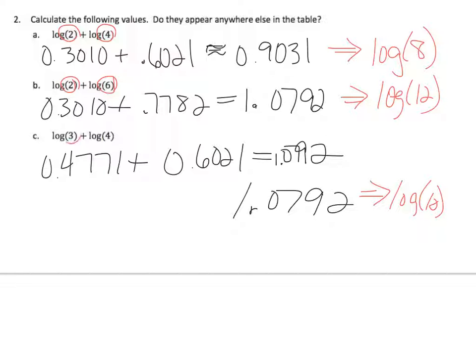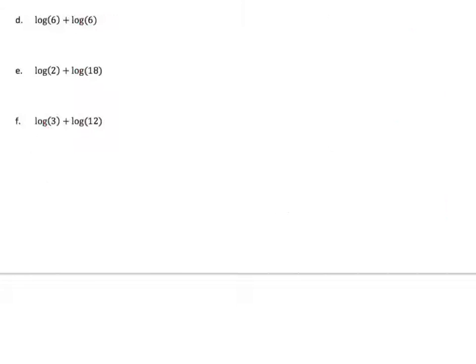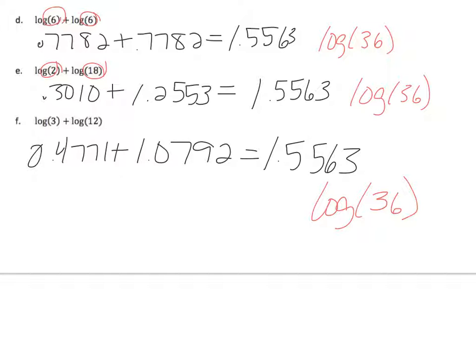How do we get log 12 again? You guys try these 3 on your own. I'll be right back. All right, your answers should be pretty darn similar. And I hope you have seen a little bit of a pattern.